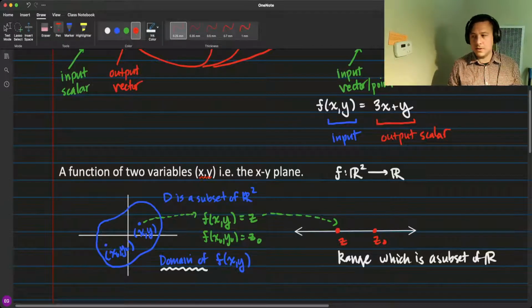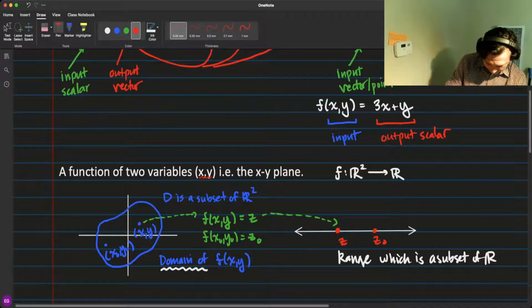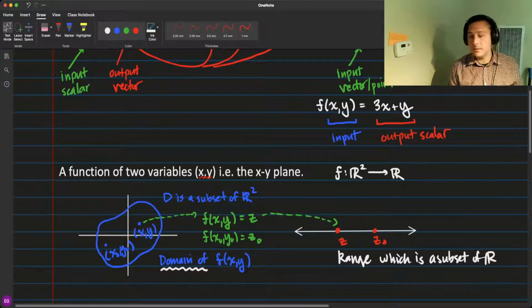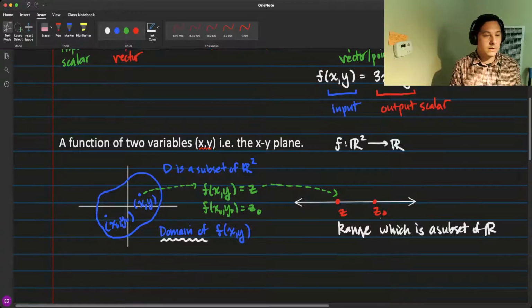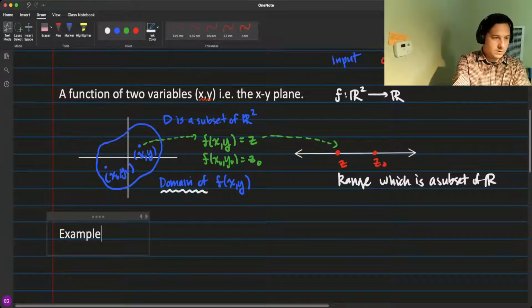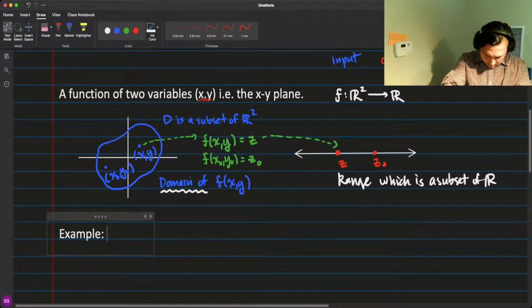Okay, questions so far? We'll do some examples here in a moment. So let's give you a more concrete example.